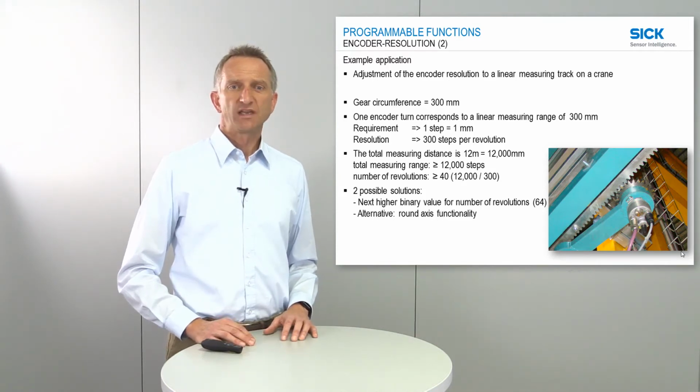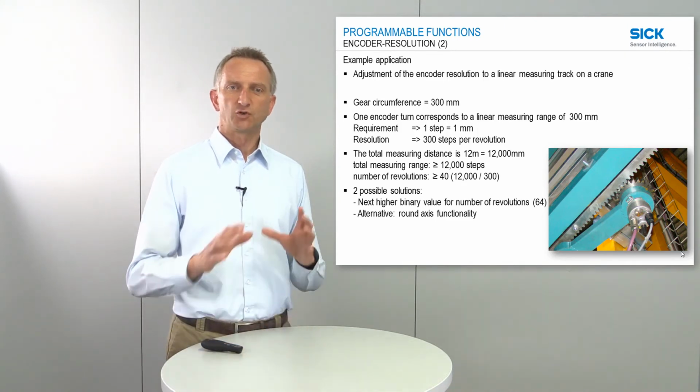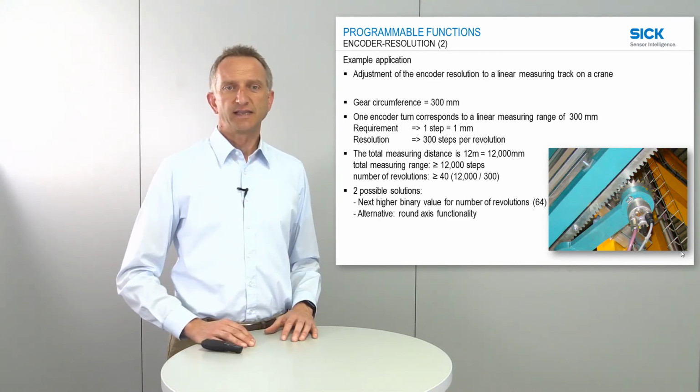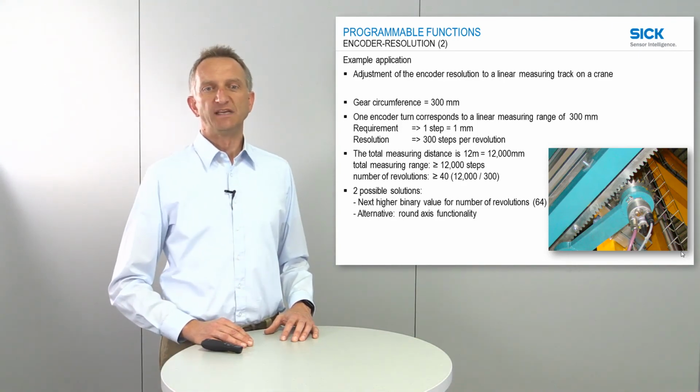With this result, we can either go to the next higher value of binary revolutions, which is 64, or alternatively, if we want to set the scaling directly to the exact value of 40 revolutions, this can also be done with the so-called round axis functionality that will be explained later.